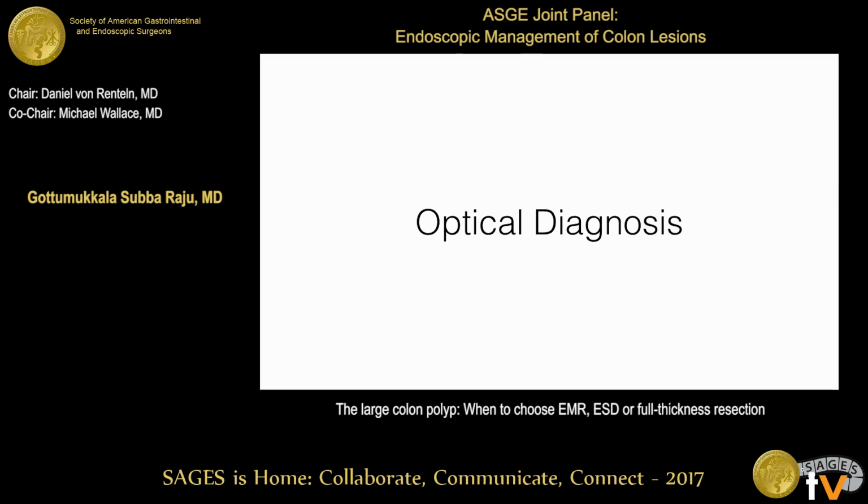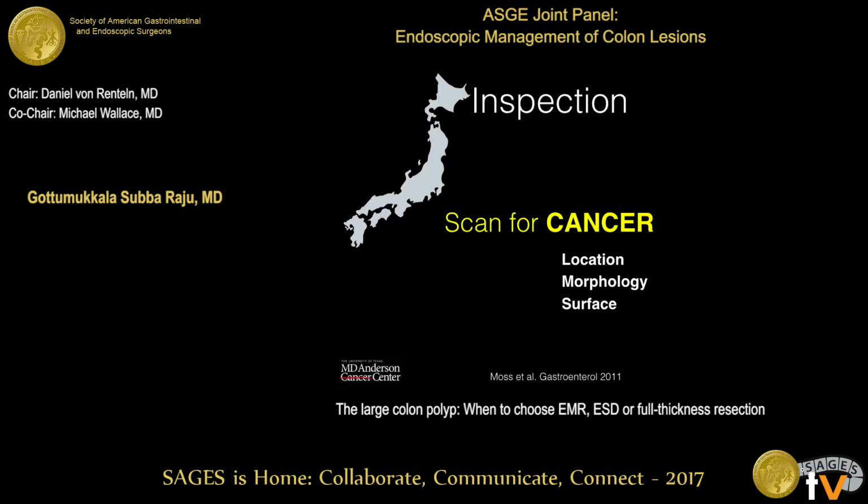If you can optically diagnose that there is no cancer, then you can resect that lesion by endoscopy. When you scan a lesion for cancer, the site, the size, and the shape of the lesion make a difference.